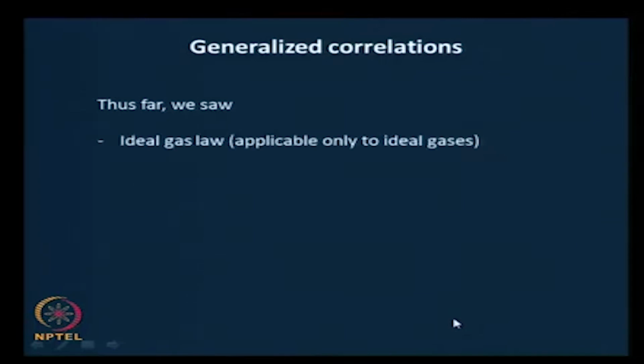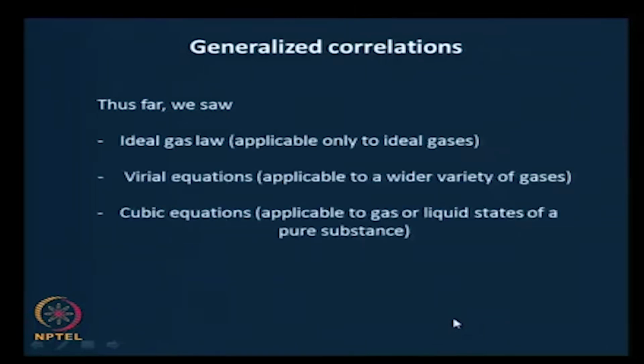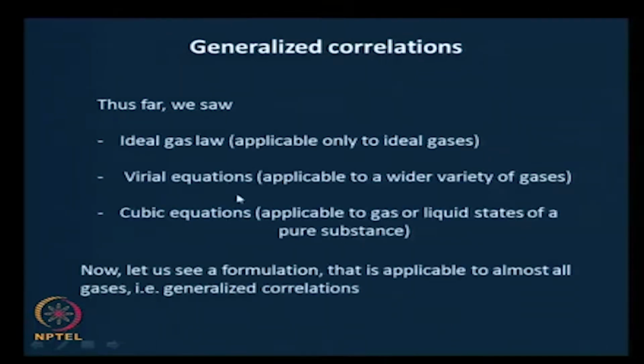The generalized correlations come about something like this. We have the ideal gas law, we have virial equations applicable to a wider variety of gases typically, and cubic equations applicable to gas or liquid states of a pure substance with more ease. You could apply the virial equations too, but this is with more ease.